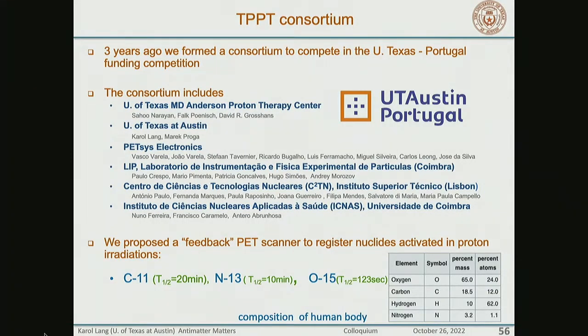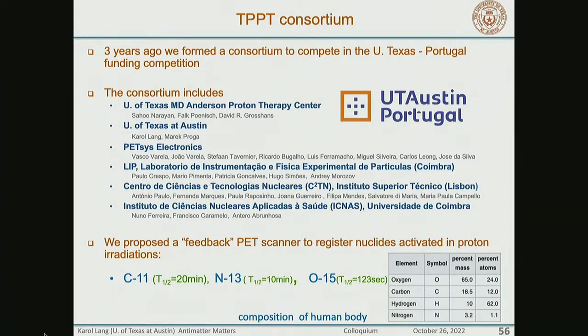One of the big differences between using proton beam and gamma beam is that X-rays don't change the identity of nuclides, while protons do. So you actually make carbon-11, oxygen-15, and nitrogen-13, and this is happening all the time when you are depositing energy in the beam, in the body. That's because this is the composition of your body, in case you didn't know.